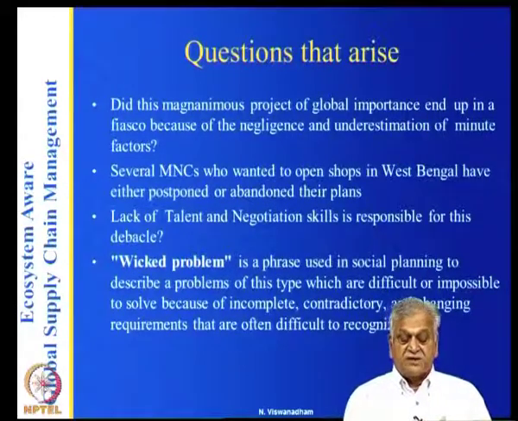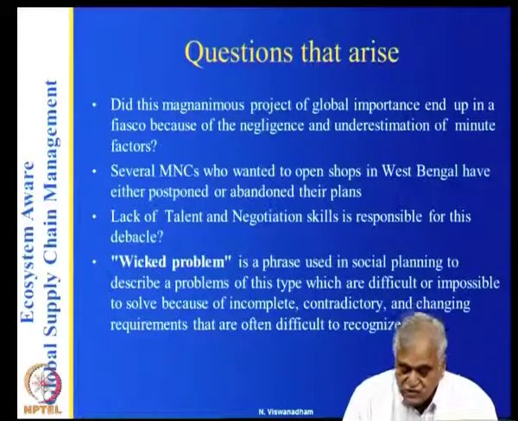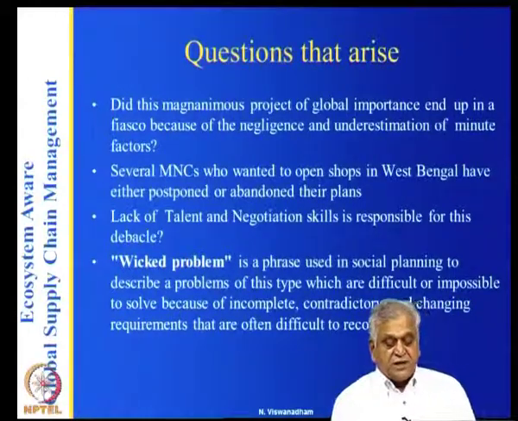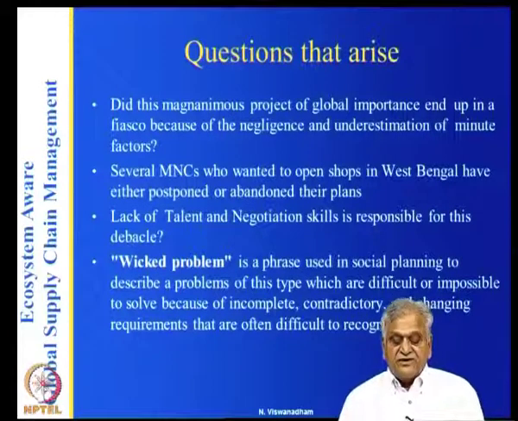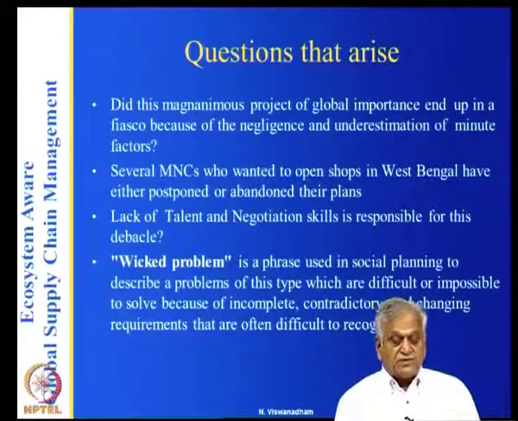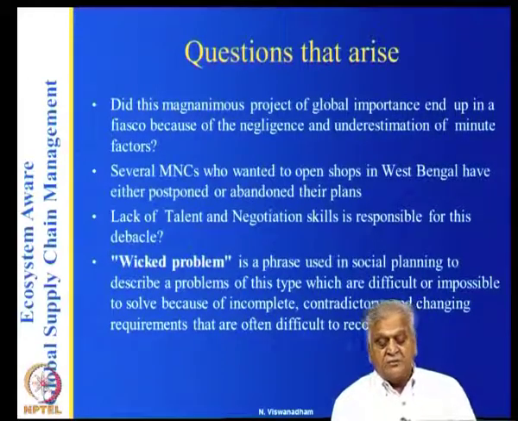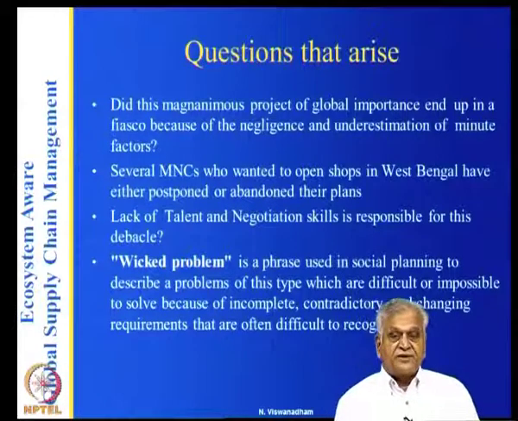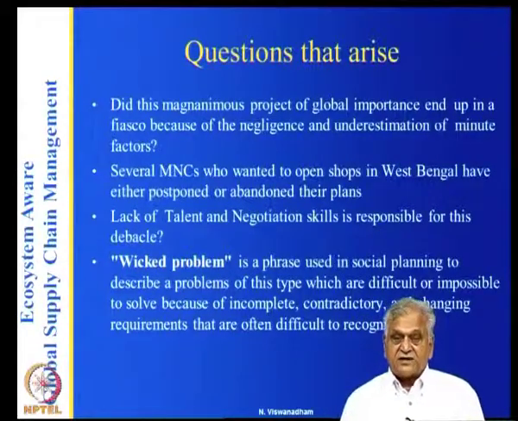So, such problems are called wicked problems. It's a phrase used in social planning to describe problems of this type, which are difficult or impossible to solve. They are difficult or impossible to solve because of incomplete, contradictory and changing requirements that are often difficult to recognize.